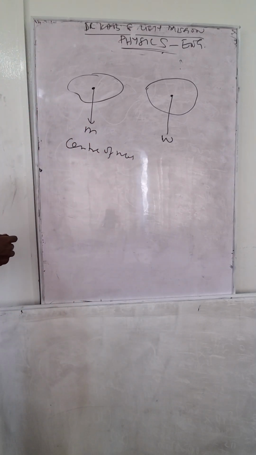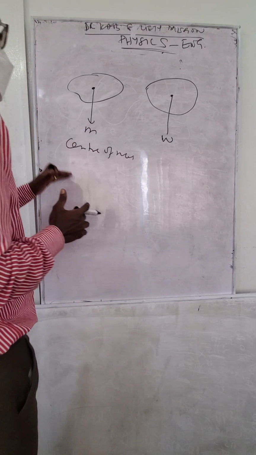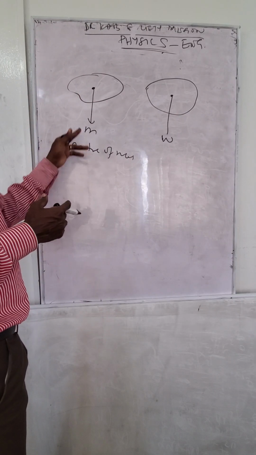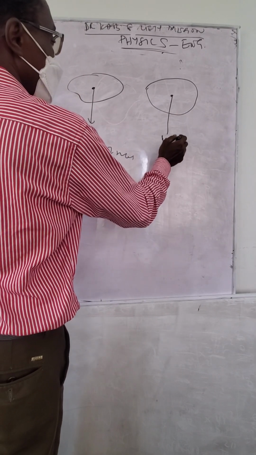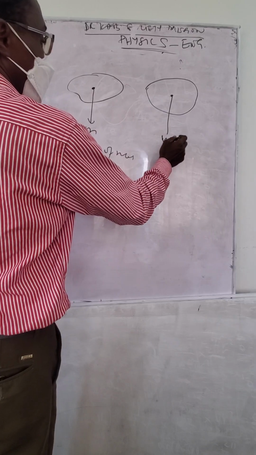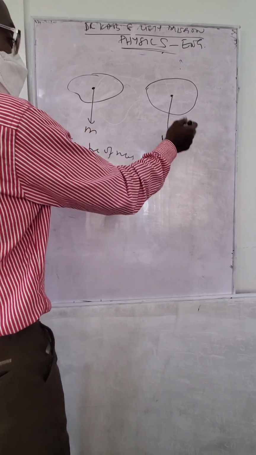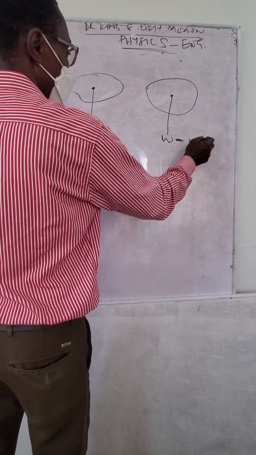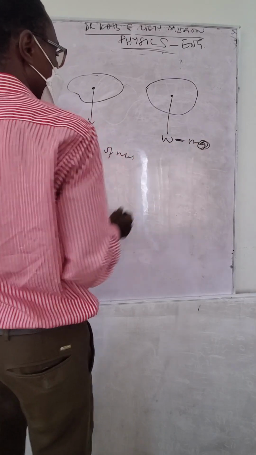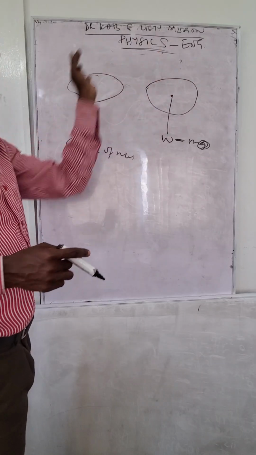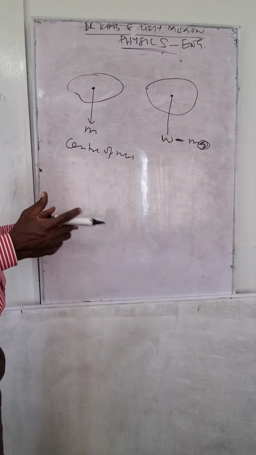Now the center of mass should be the same on different planets, because that's mass. But the center of gravity, which corresponds to the weight, is mg. So this is dependent on the gravity. That means the center of gravity will not be the same on different planets. That's the point I want to make.